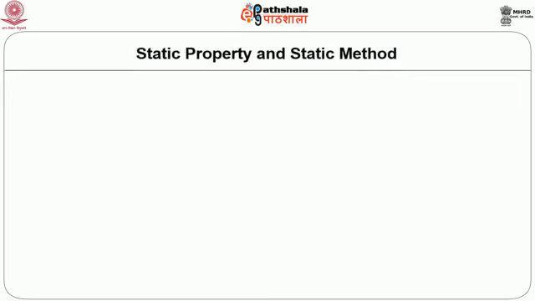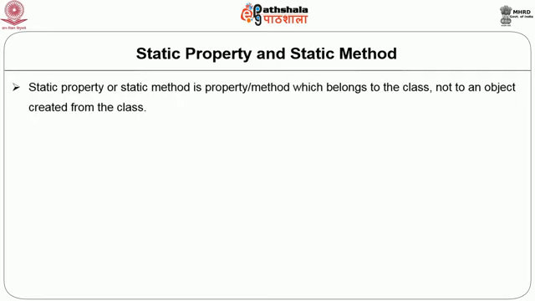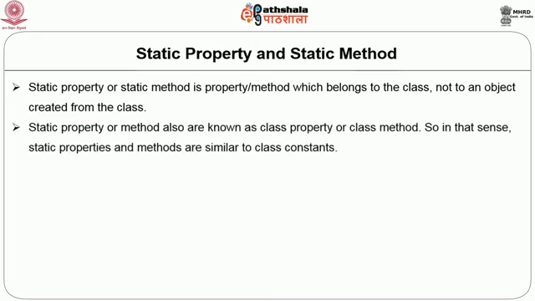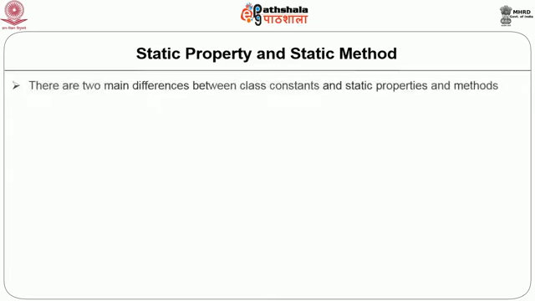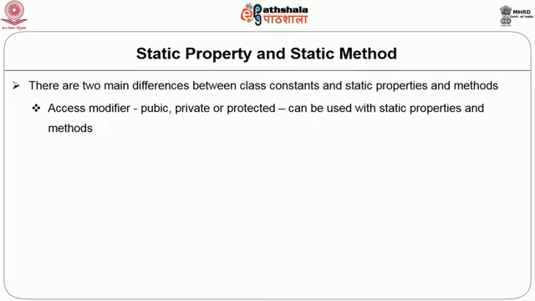The next one is static property and method. So static property and static method, which belong to the class, not to an object created from the class. In some ways it is very similar to class constant, but it is different mainly in two ways. The first is that for class constant you cannot add an access specifier like private, public or protected, but for a static property or method you can add an access specifier like private, public or protected.